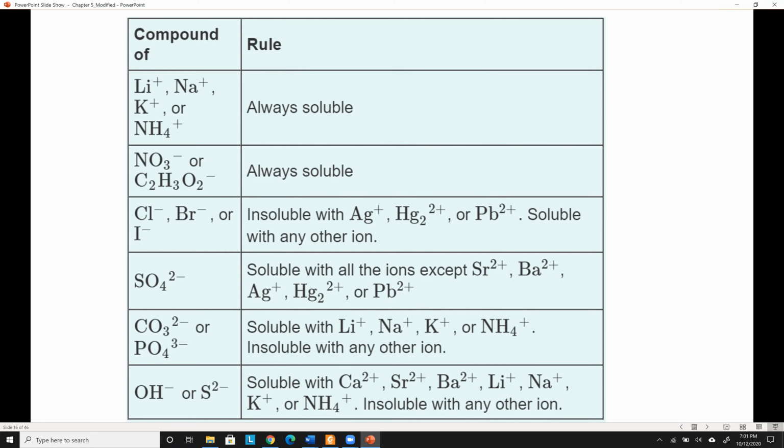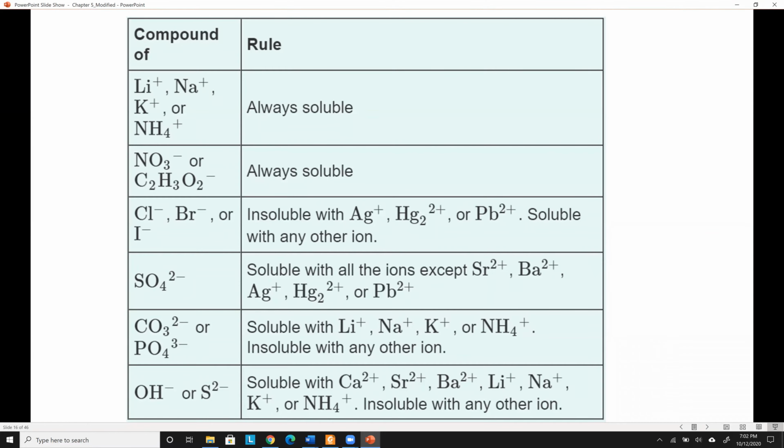Now, chlorines, bromines, and iodines, and really most other things are insoluble with silver, mercury, and lead. You can see that in rules 3 and 4, they come up, and everything else is insoluble with other ions. So in the last 4 rules, silver, mercury, and lead are included in things that are not soluble.